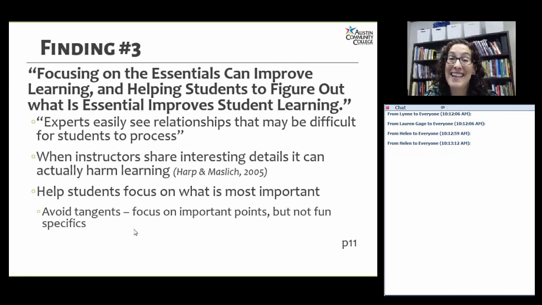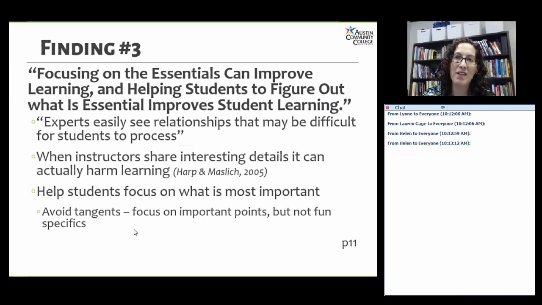So finding 3 is focusing on the essentials can help improve learning. And I've mentioned I was going to come back to this again and again, experts see relationships that students don't. And so very often if you're lecturing and you think of a connection and you want to bring it in, you may know completely why that's a good example or why you're going to that place, but students may see it as a tangent.